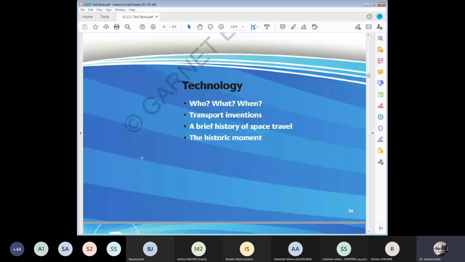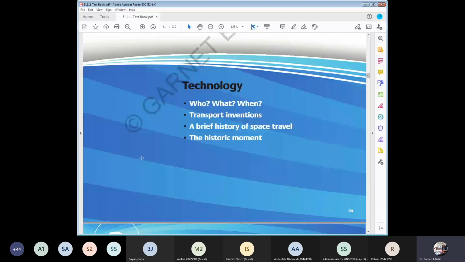Let's talk about computers 50 or 60 years ago. Were there computers 60 or 70 years ago? No. So this is an invention. Look at the internet, a beautiful invention. Okay.